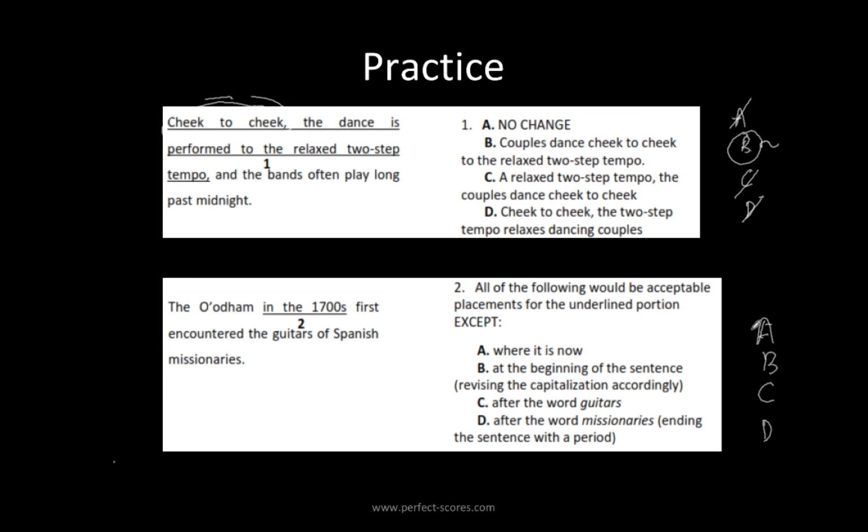So "in the 1700s," if you put it next to the Udam, it's absolutely correct. So A is acceptable. Let's go to B. It says at the beginning of the sentence. So if you read it, "In the 1700s, the Udam first encountered the guitars," which also seems correct. It's modifying everything correctly.